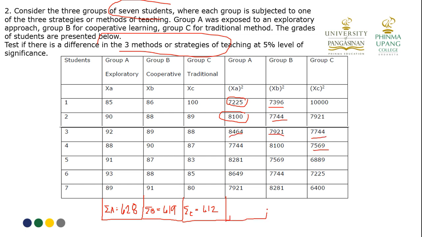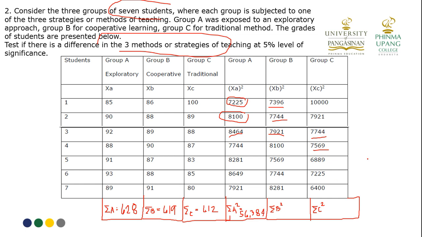Next, ito naman yung summation ng a squared. 56,384. Okay, kakasya ba to?